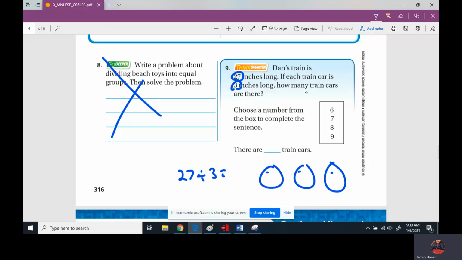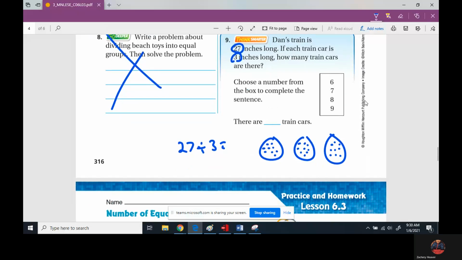1, 2, 3, 4, 5, 6, 7, 8, 9, 10, 11, 12, 13, 14, 15, 16, 17, 18, 19, 20, 21, 22, 23, 24, 25, 26, 27. So that made sense.